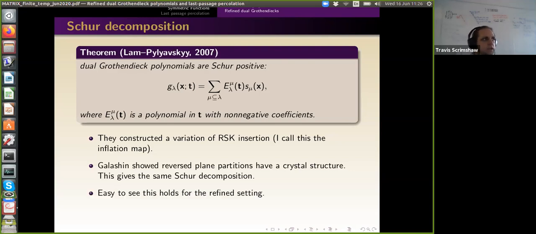And when you look at the crystal structure, it actually becomes very easy to show that this decomposition holds in the refined setting. So I'm attributing this to Lamb and Pielowski, where if you look at their bijection, it's not a very difficult exercise to trace through that it works in the refined setting.